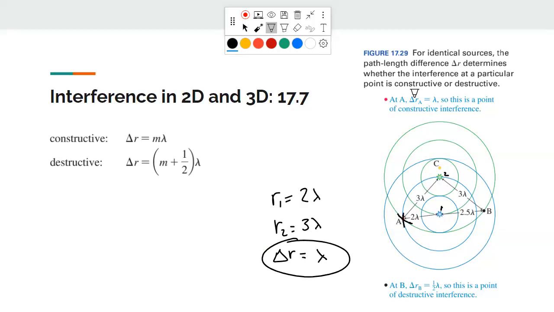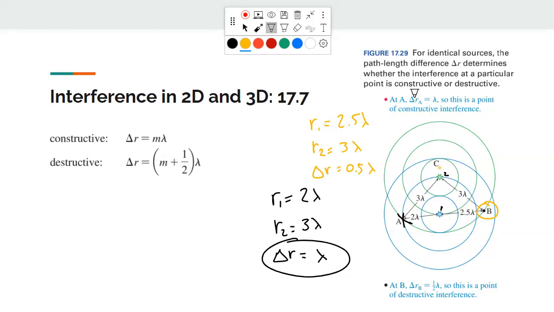However, you can see at position B that we have a different case. Our R1 for position B is 2.5 lambda. Our R2 is 3 lambda. So our delta R is 1/2 lambda. And so you can see that in this case, we have a 1/2 multiple of lambda.